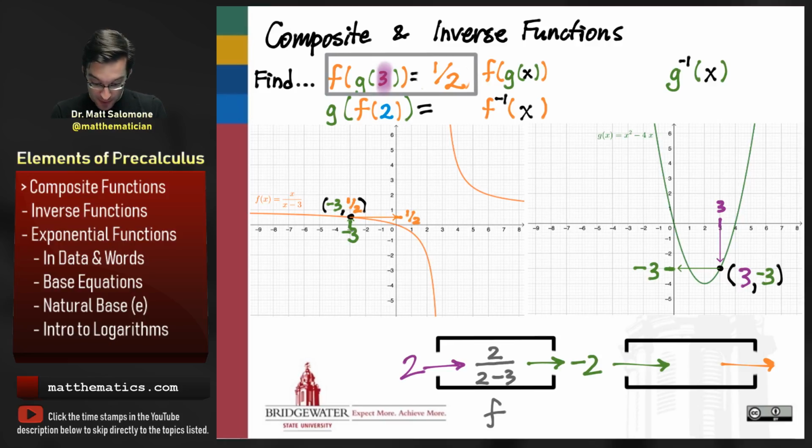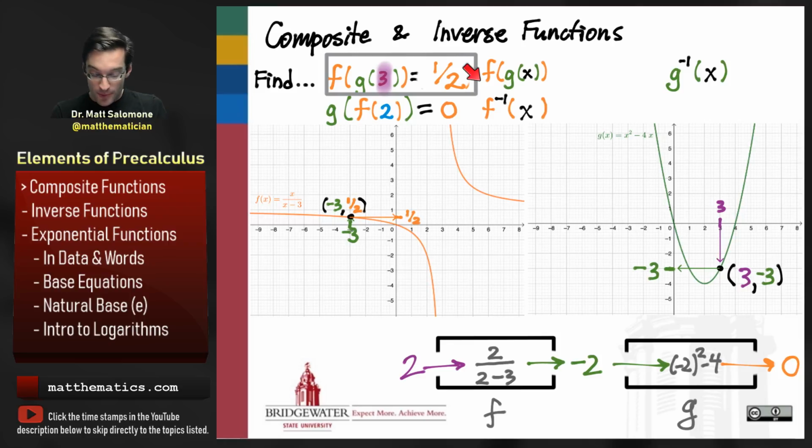Then I'm supposed to plug my negative 2 value into my g function. My formula for g is g of x equals x squared minus 4. When I take negative 2 quantity squared minus 4, negative 2 squared is 4, minus 4 is 0. And so g of f of 2 ends up being equal to 0.